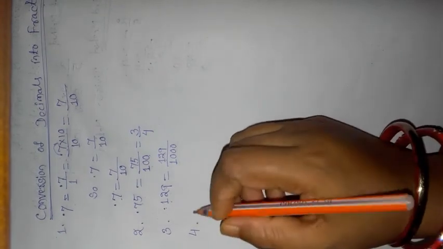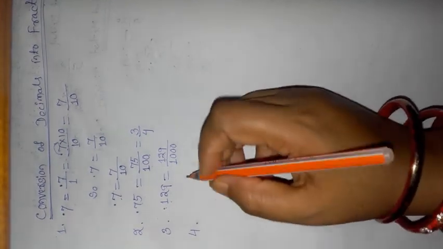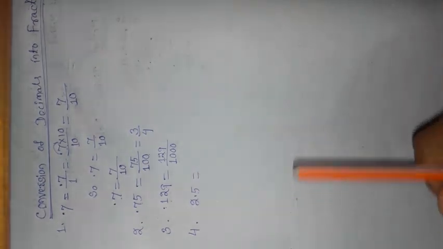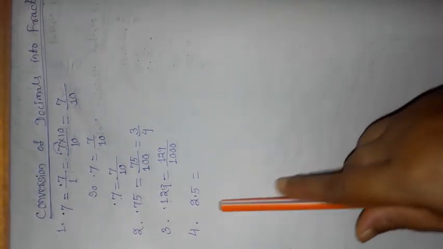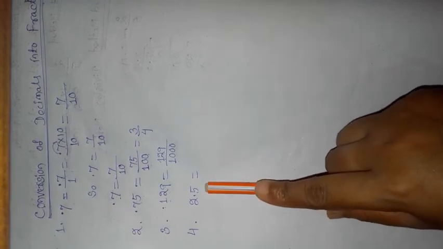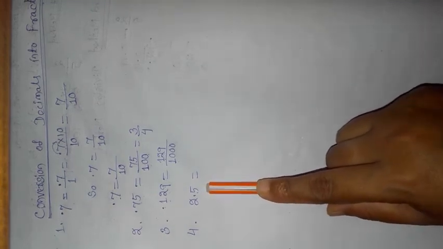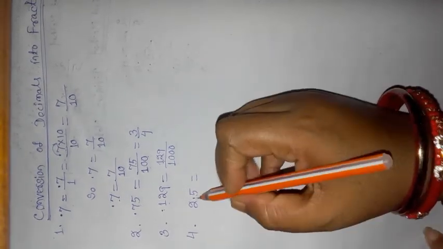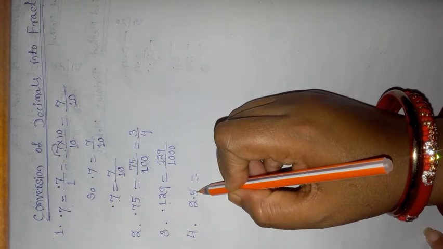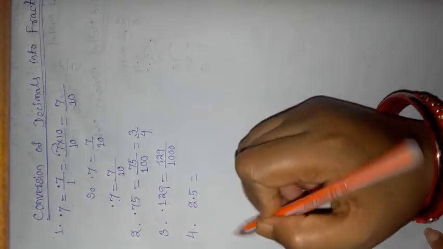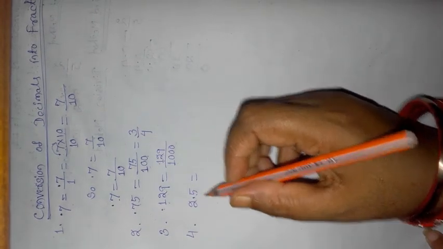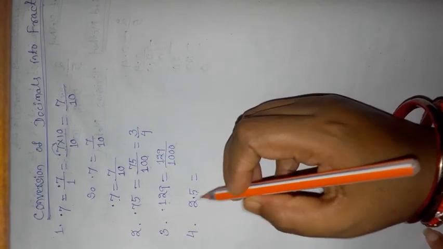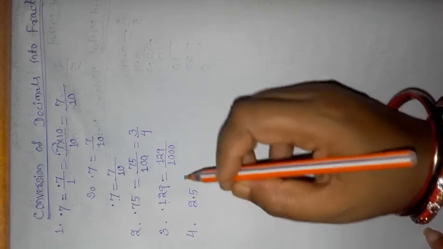Take another example, 2.5. Here it is the integral part and it is the decimal part. Count the number of places after the decimal point. Here there is only a single digit after the decimal point.